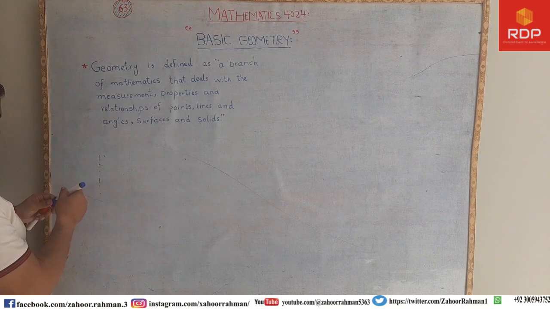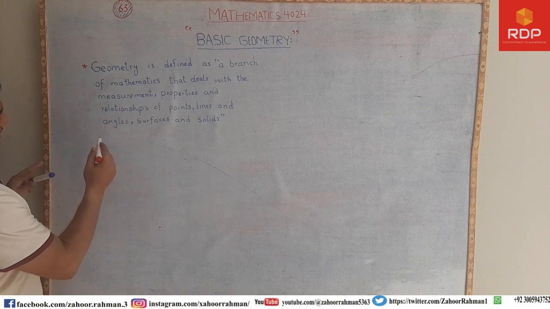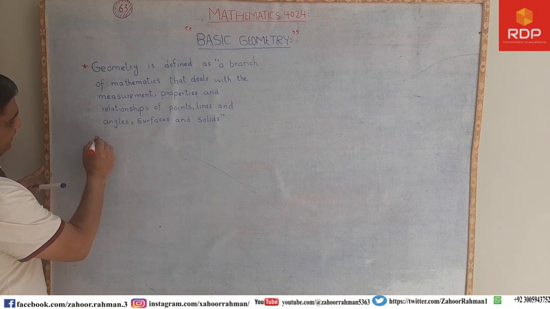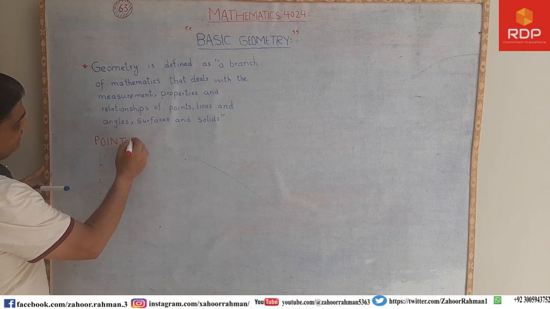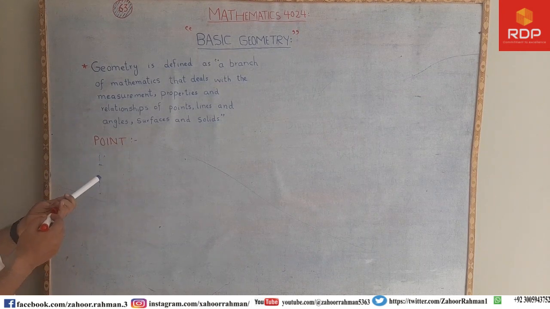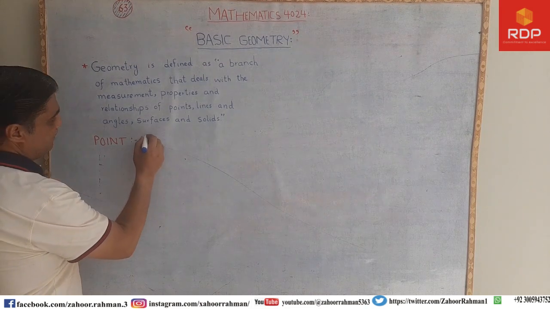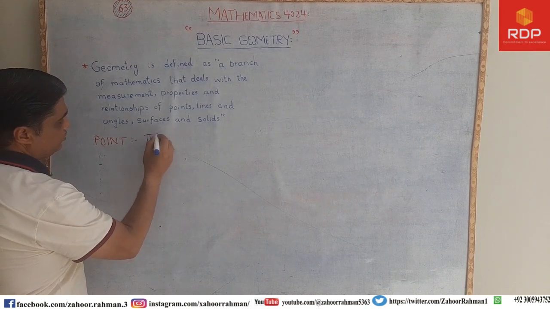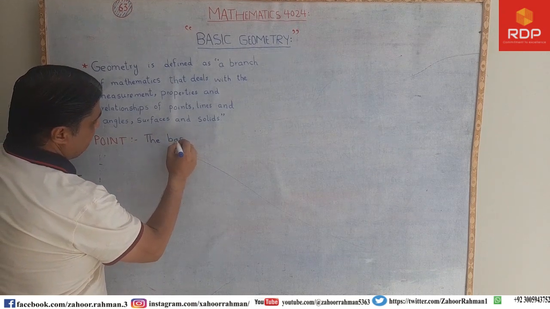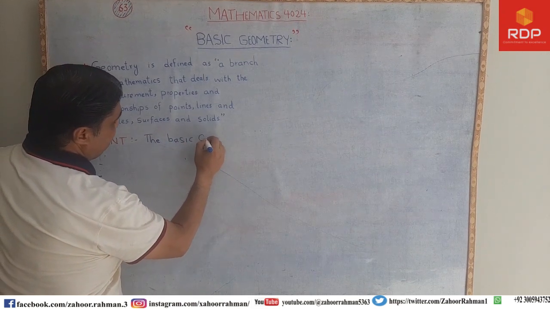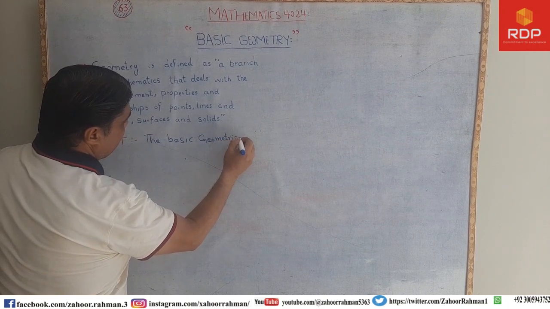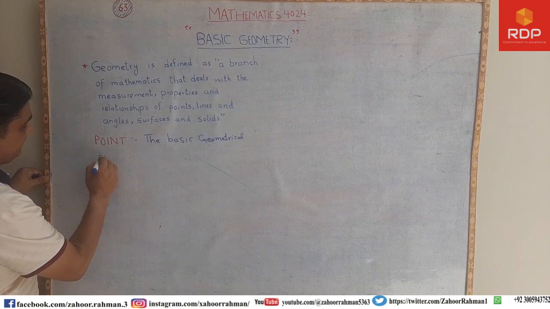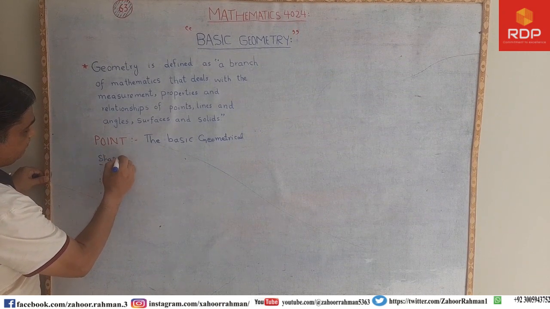What are these things? First of all, we have to define the point. The basic geometrical shape is the point.